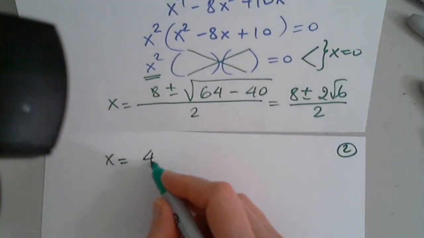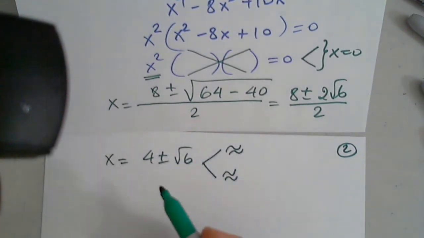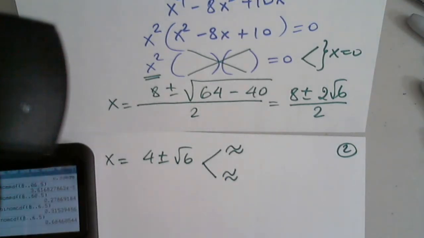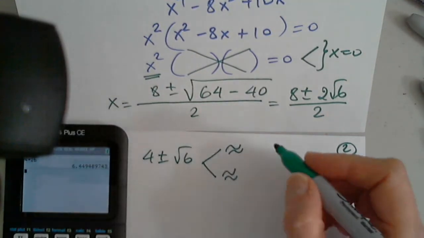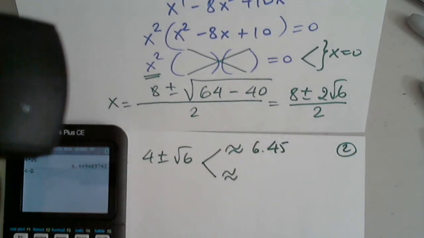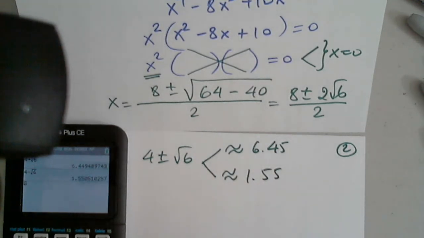is 4 plus or minus the square root of 6. But yes, I have to approximate them. If you ask me to plot this, I will not know where and how. So I have to approximate it. This is 2 and a little bit plus 4, but I still would like to get it closer. So 4 plus the square root of 6 is roughly 6.45, and 4 minus the square root of 6 is 1.55.